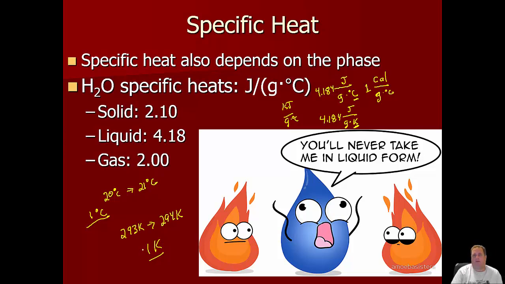Just we could see that there isn't actually the need to in most cases in thermo. So back to the point of this slide, we see that solid 2.10, many times you'll see it as 2.09. Use what's in front of you. The gas, a little bit more advanced, you may see some numbers like 2.02. Gas actually varies by temperature, but we'll use the data that's in front of us.